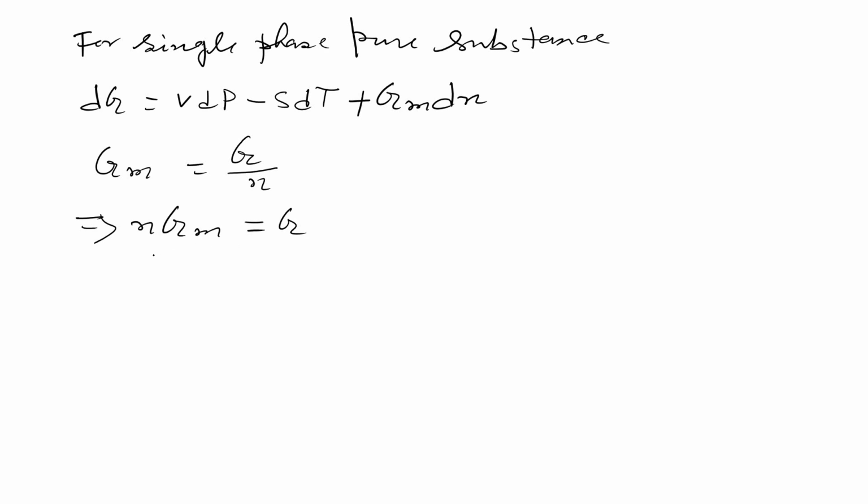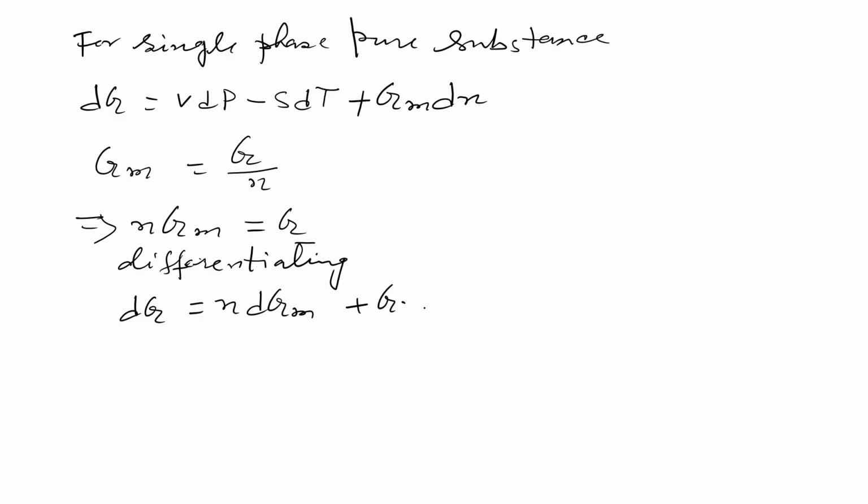Now if I differentiate this equation, what will we get? dG is equal to first function times differentiation of the second, plus second function times differentiation of the first. So this is dG. Now look here, this is also dG. These two equations we can equate. So therefore, what can we write?